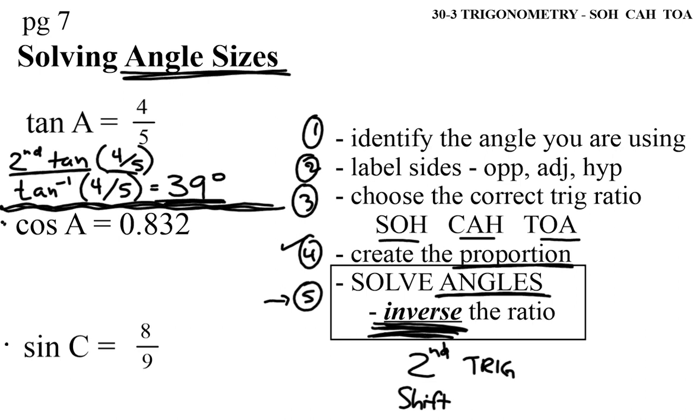Well, now we want to do cosine. What do we notice about cosine? This time, cosine is actually giving us the decimal instead of a fraction. That's okay. We want to go second cos because we're finding an angle. To find an angle, you inverse. We're going to go second cosine, and then punch in the 0.832.